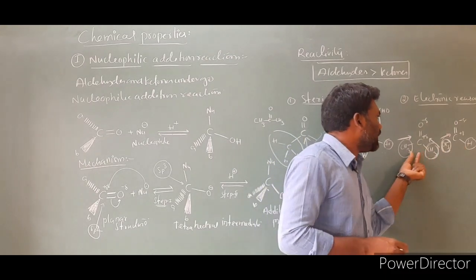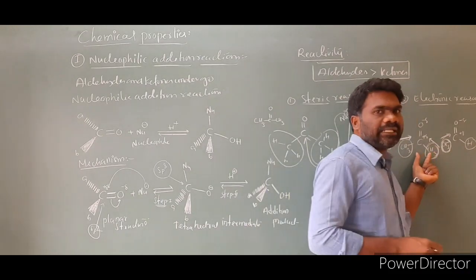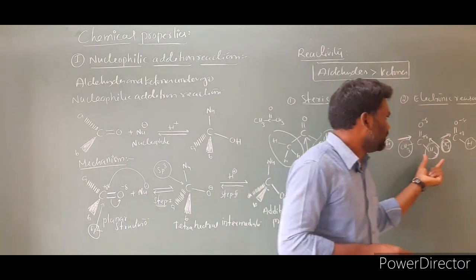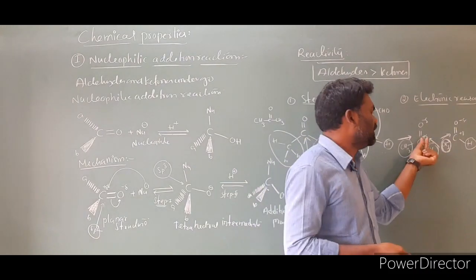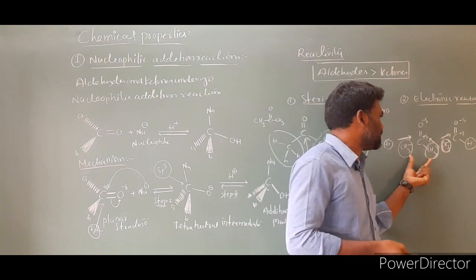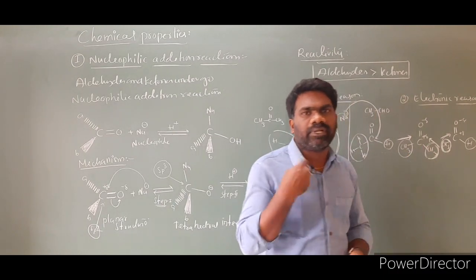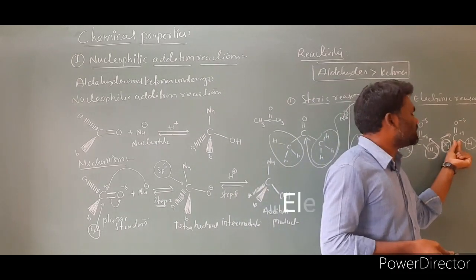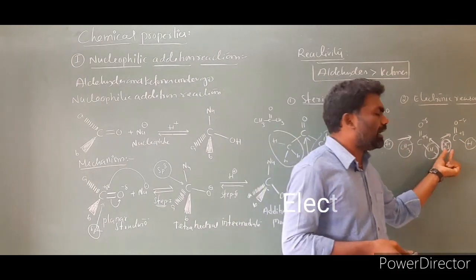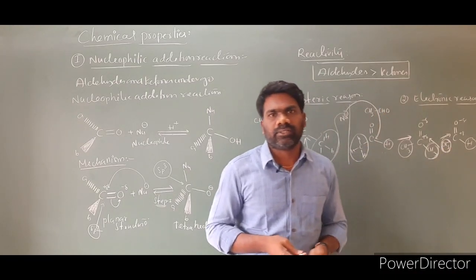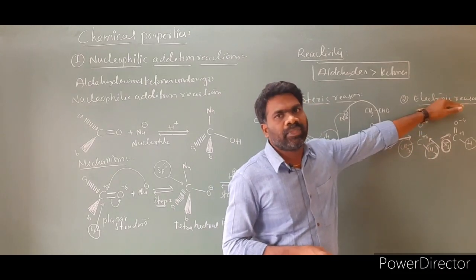When compared, ketones are less reactive and aldehydes are more reactive, because these two methyl groups decrease the electrophilicity of carbon. The electrophilicity of carbon is decreased by the methyl groups. That means alkyl groups are attached to the carbonyl carbon in ketones. And the electrophilicity of carbon in aldehydes is more, because only one alkyl group is donating electrons to that carbonyl carbon. So this is an electronic reason.